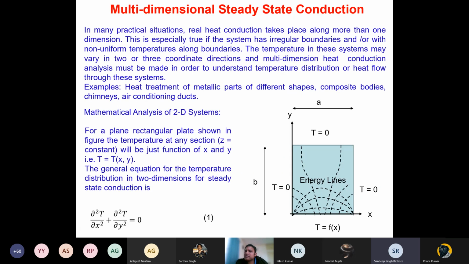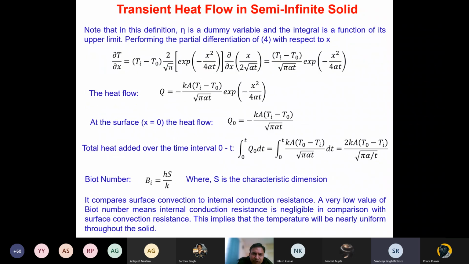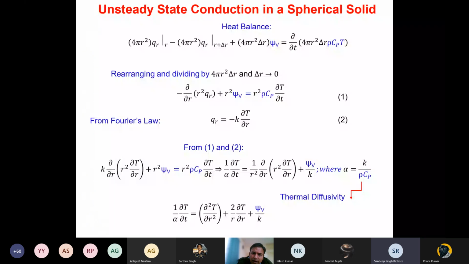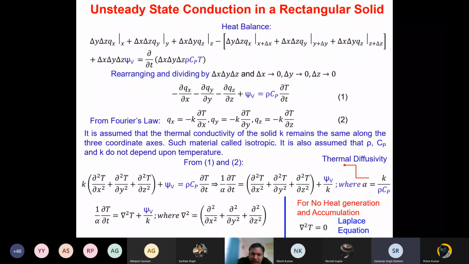Now how can we solve this particular system? Remember the flat slab, what I said. If I go back, this is the generalized equation we have derived. So if my accumulation is 0, if my generation term is 0, and I'm only looking at two dimensions, that means the ∂²T/∂z² term is also not there, then I will have ∂²T/∂x² plus ∂²T/∂y² equals 0.